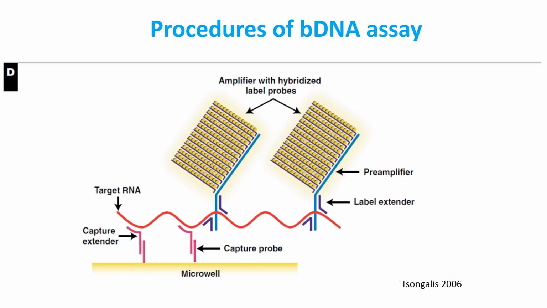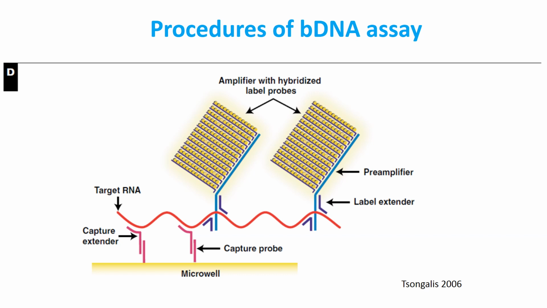After the hybridization of the amplifier molecules with preamplifier molecules, a large amount of alkaline phosphatase modified label probes will be added to complementarily hybridize with the amplifier molecules.